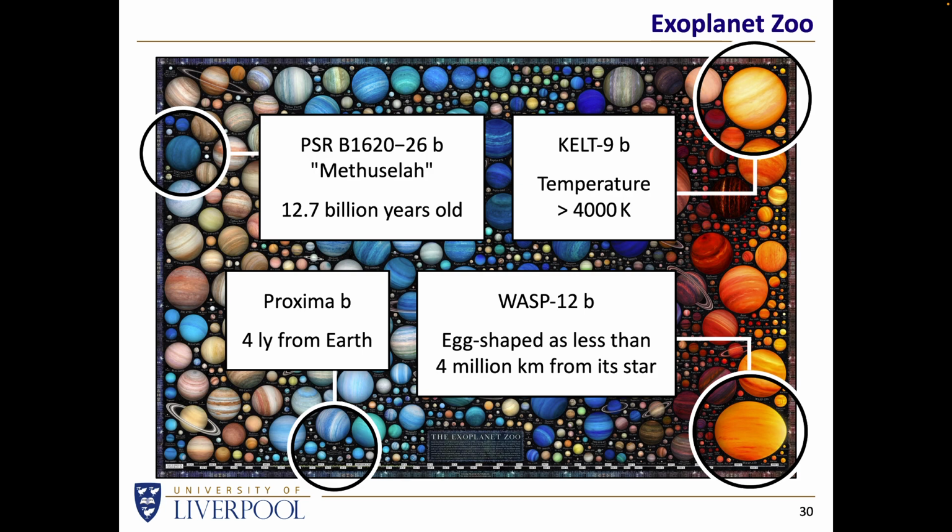This planet is so close to its star, the star will raise tides on the planet and will effectively lock the planet into facing the star and produce a rather egg-shaped result. So that's not seen in terms of imaging, it's deduced from knowing its distance to the star and knowing something about the nature of the star.